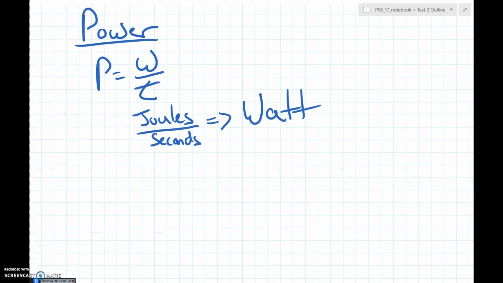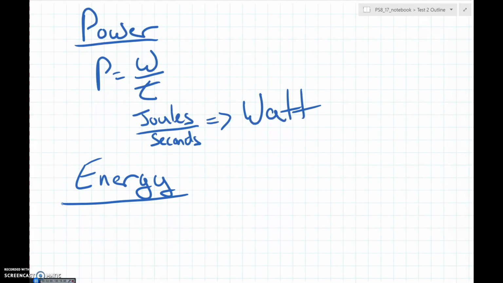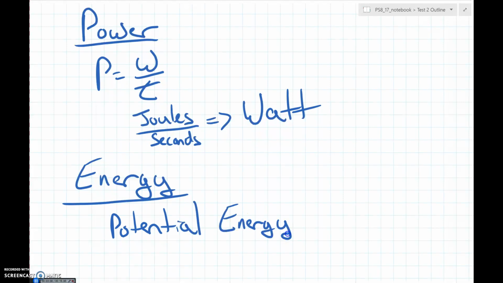Next, we talked about energy. And we talked specifically about two different forms of energy: potential energy and kinetic energy.